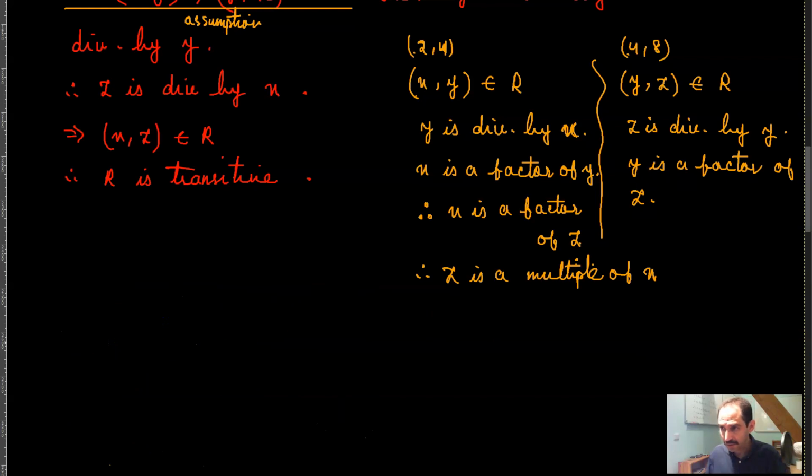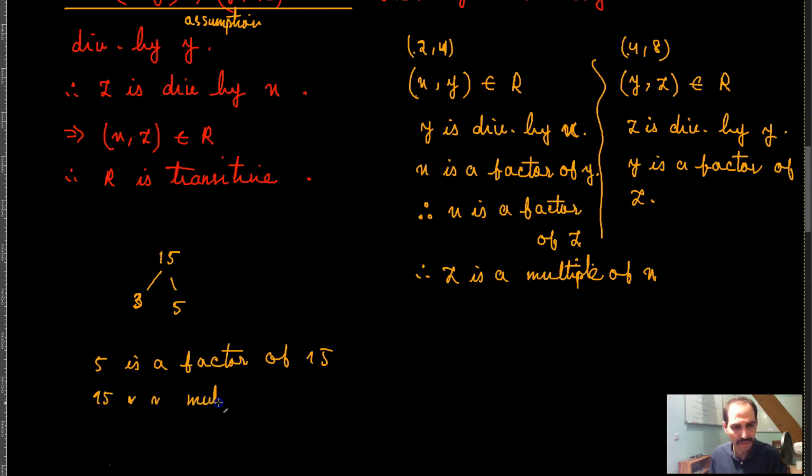And of course you know that when z is a multiple of x, what happens is that, for example, let's take the example of 15. 3 times 5. Again, in this example, I can say that 5 is a factor of 15, or I can say that 15 is a multiple of 5, right?